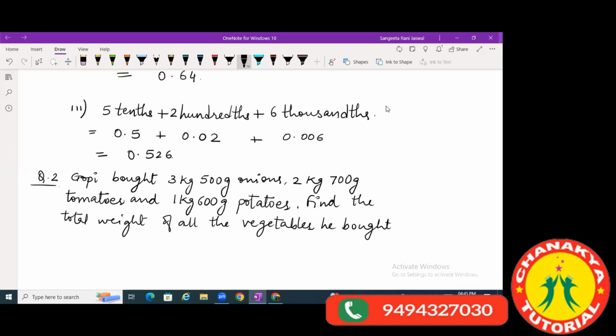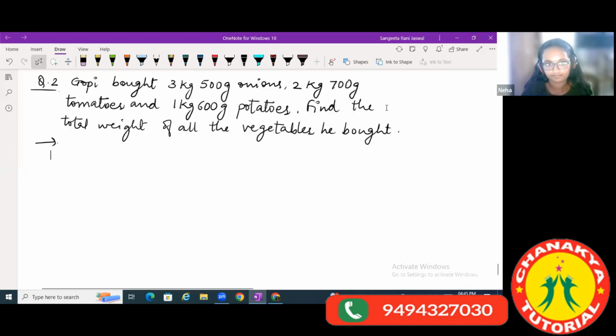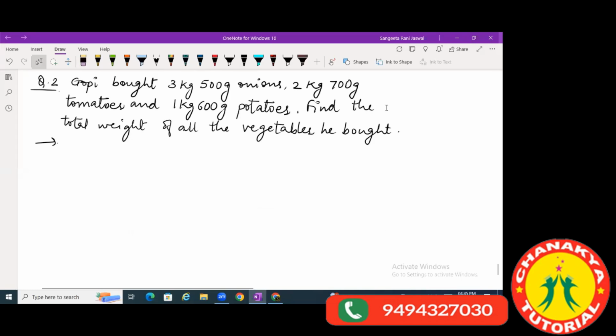Okay, you got the question? You have to find the total weight of all the vegetables Gopi bought. So what will you do? We add. Ma'am, we'll add. You will add the weight of all vegetables.